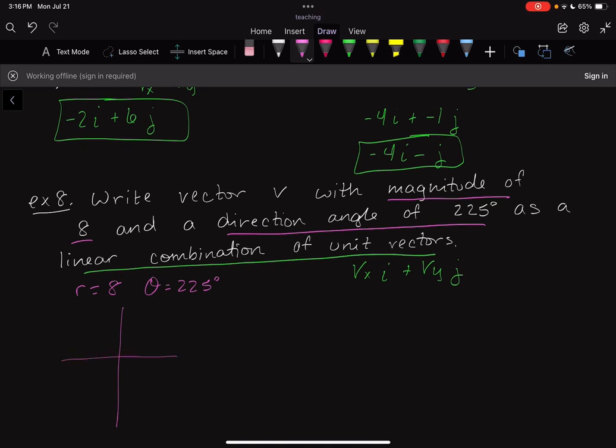I would still want to plot it, so it looks like it should be in quadrant 3, because that's where 225 is. I'm still using the same equations for vx and vy. So I'll plug those in.